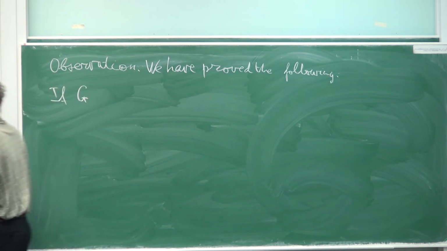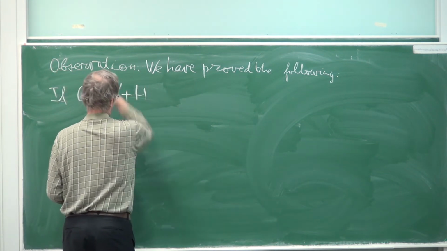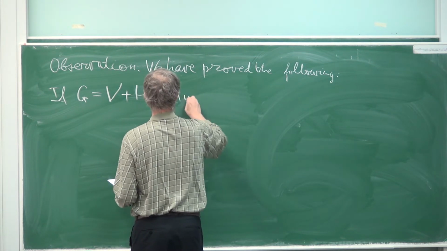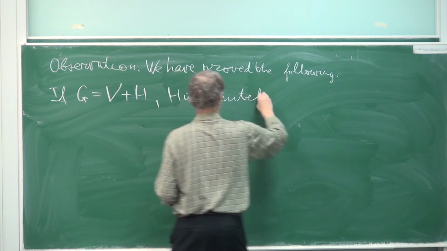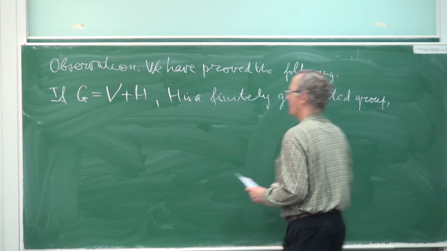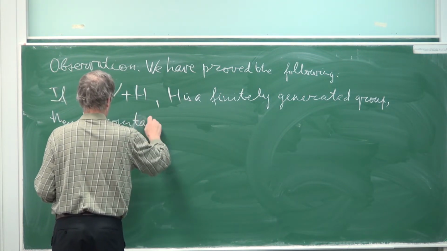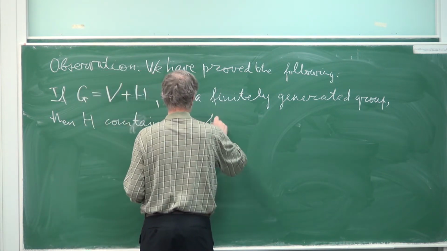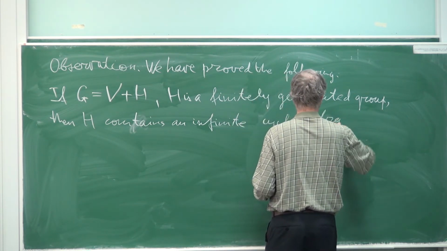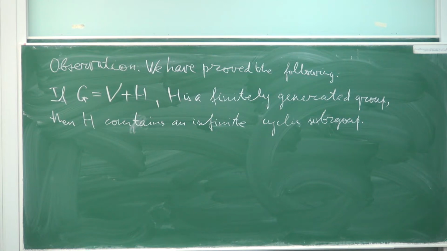If G, here G probably is not the same group as in the statement, any locally compact abelian group, if G is equal to V plus H, and V is as in the statement, some compact neighborhood of 0 in G, and H is a finitely generated group, then H contains an infinite cyclic subgroup. So we have proved this.